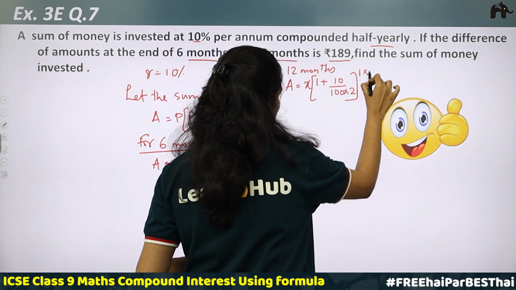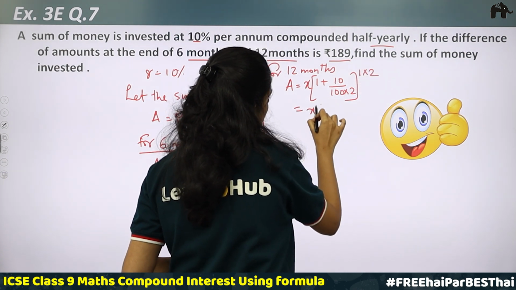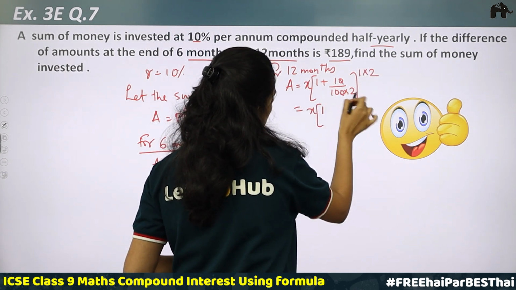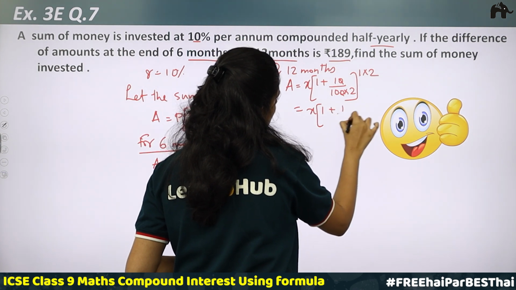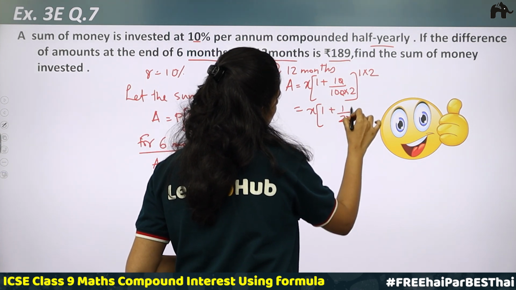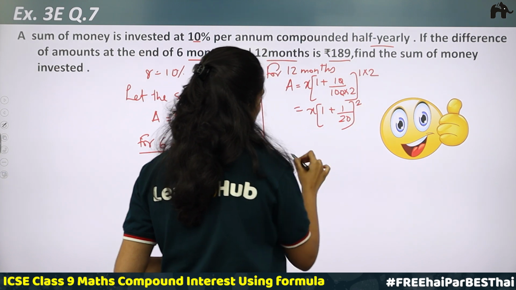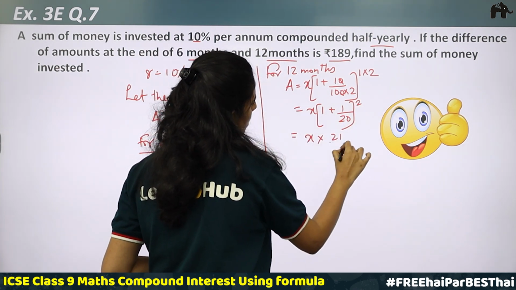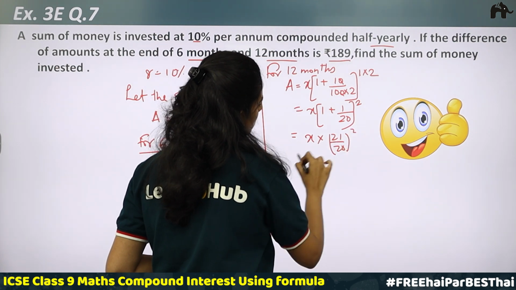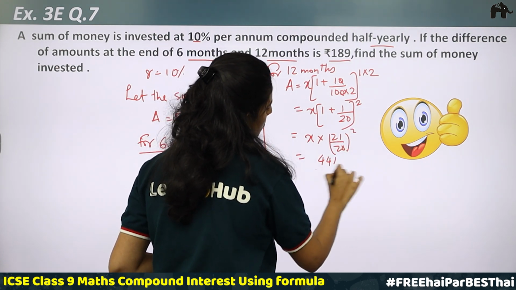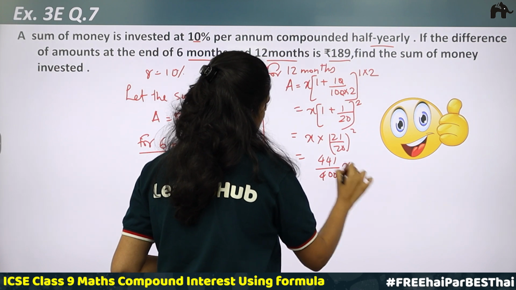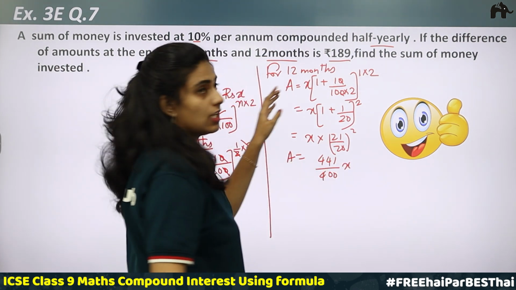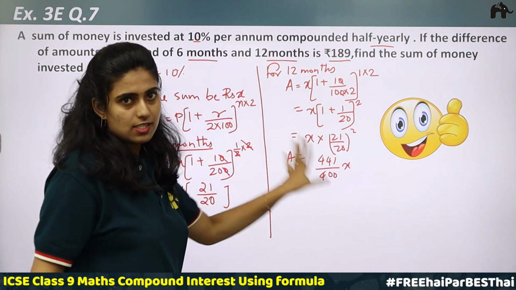So 1 into 2 which is equal to x into, cancelling you get 1 by 20 raised to 2 which is equal to x into 21 by 20 whole square which is 441 by 400x. So this is the amount in case of 12 months.